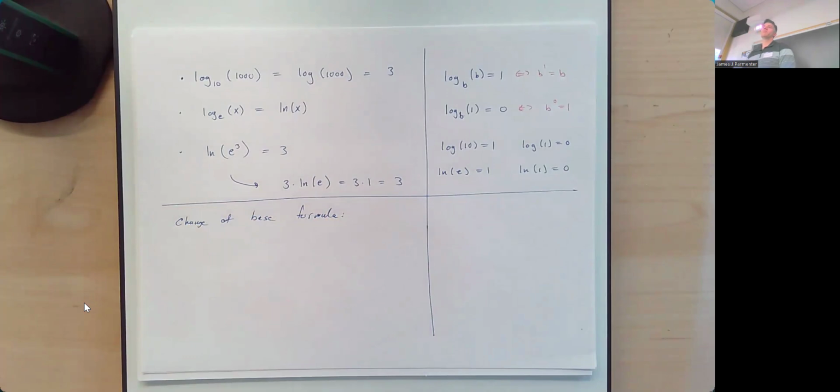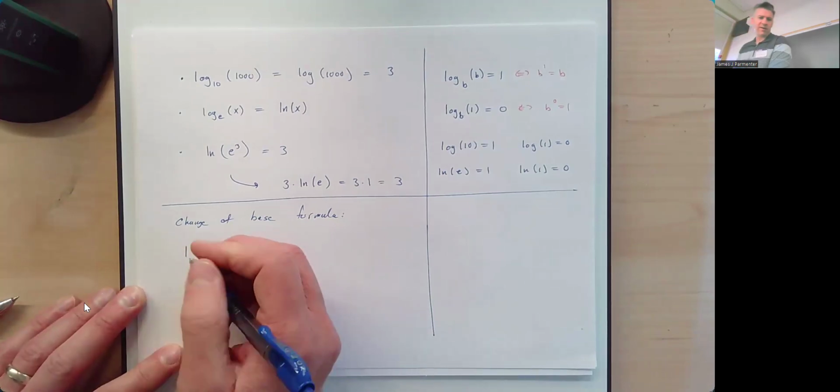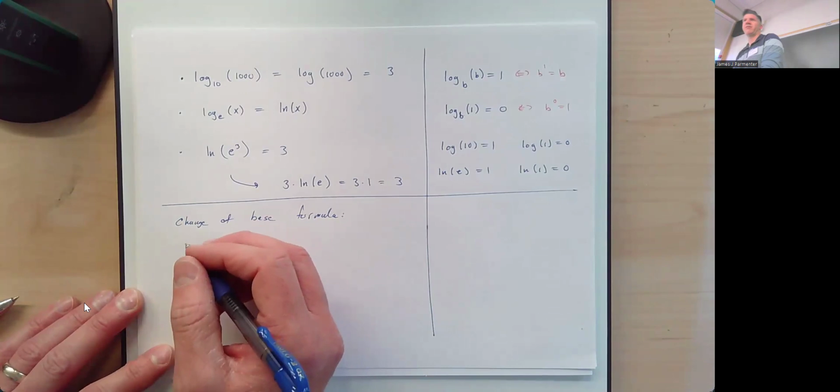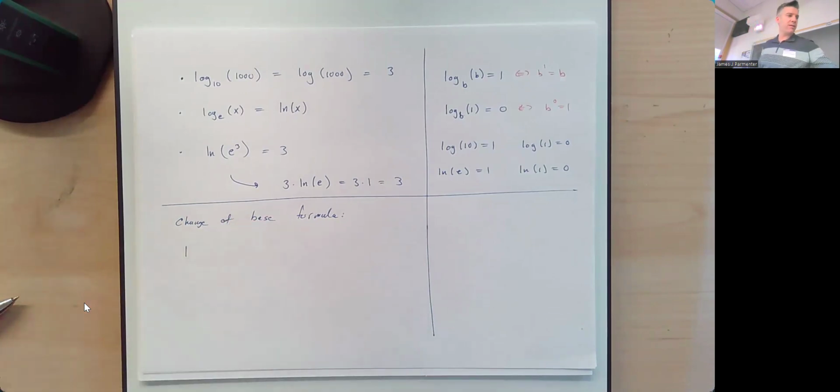Sometimes you might encounter a calculator, if you're trying to approximate a logarithm, that doesn't have, well, most calculators used to not have a button for log base whatever you want. I was finding something interesting just a second ago. I was finding log base 6 of 4.